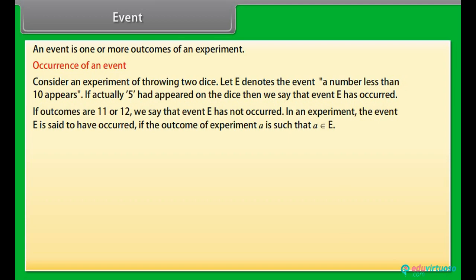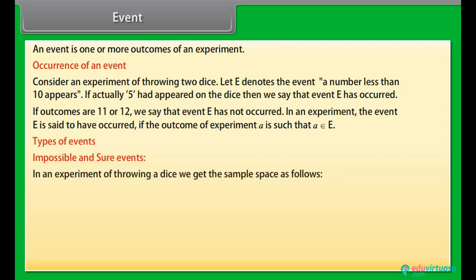In an experiment, the event E is said to have occurred if the outcome of experiment A is such that A belongs to E. Types of events. Impossible and sure events. To understand it, let's take an example.